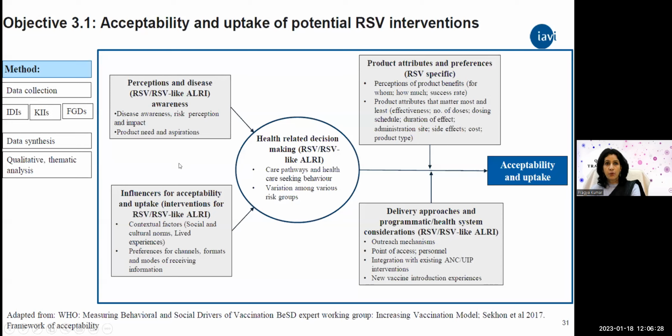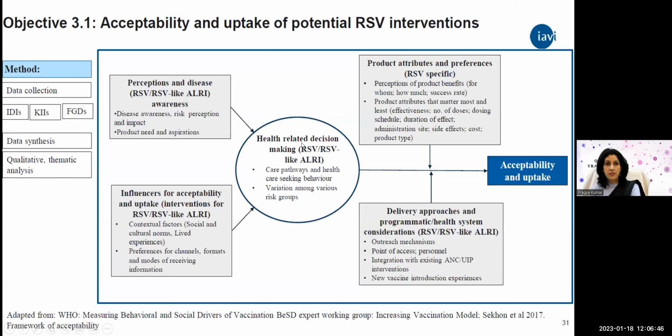The second was influencers of acceptability and uptake of interventions for RSV and RSV-like diseases, where they were desiring to measure the contextual factors and the preference for channels or formats of receiving information.